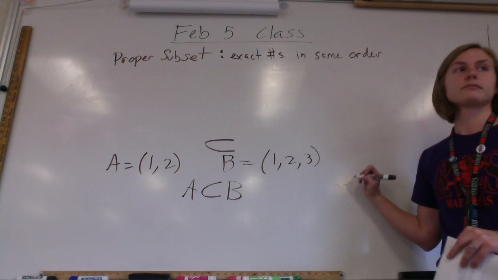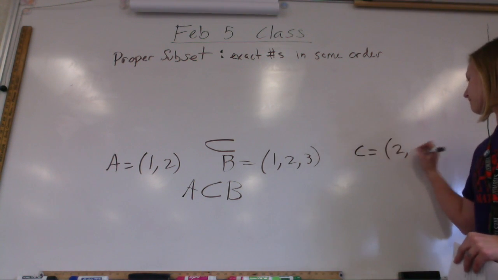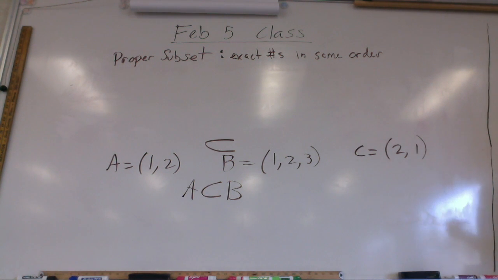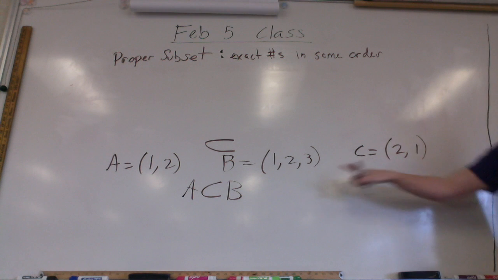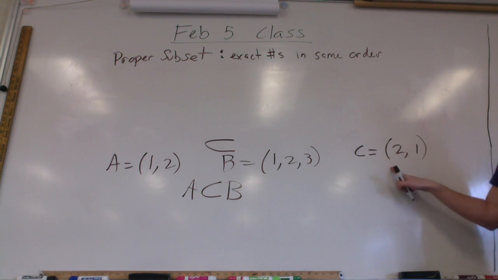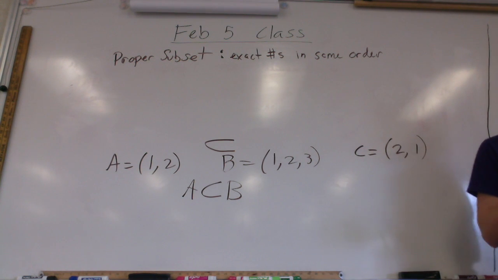Does the order matter? It does, because what if I had C, the set of C being 2 and 1? Can C be contained within B? Yeah. So C is a subset of B, but it's an improper subset because the order is not the same.